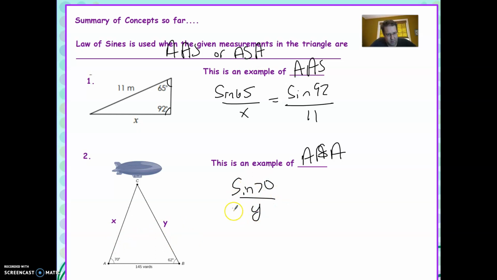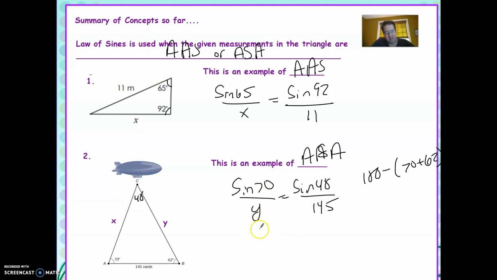You can actually solve either way you want. I am going to need to find this third angle, so I need to do 180 before I can do anything else. 180 minus 70 minus 62 gives me 48. So that way I can set it equal to sine of 48 over 145.